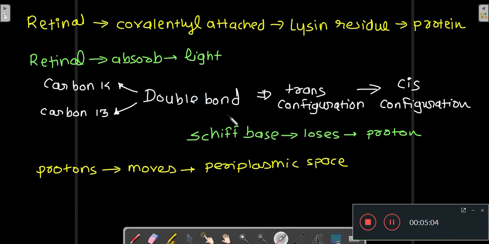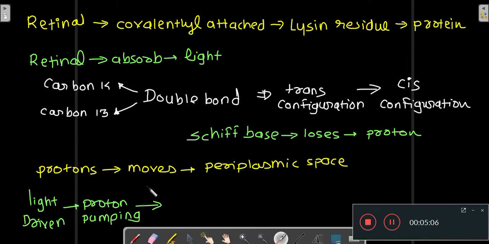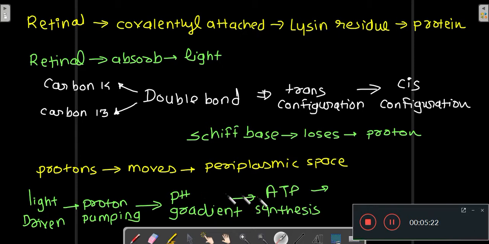Because of this light driven proton pumping, a pH gradient is generated, which leads to ATP synthesis by a chemiosmotic mechanism. So this is how ATP synthesis is done in non-chlorophyll based photosynthesis.